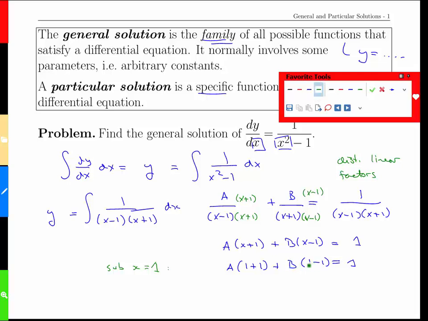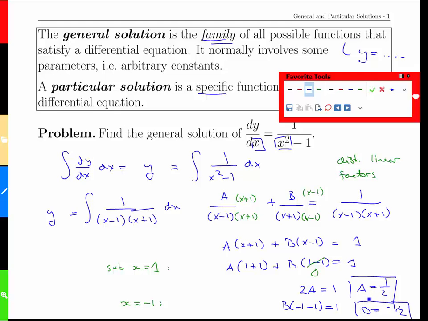This b coefficient here ends up being 0, so we end up simply with 2a equals 1, or a equals 1/2. And if we do the same thing for x equals negative 1, if we do that a little more briefly, if x is negative 1, this coefficient is 0, we end up with b times negative 1 minus 1 equals 1, and b is equal to negative 1/2.